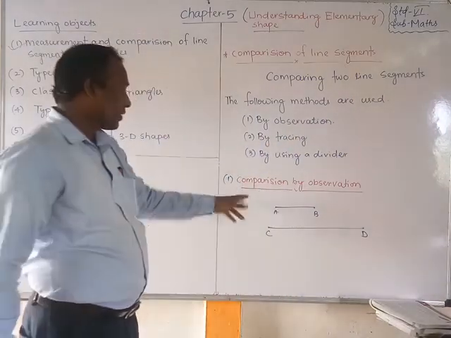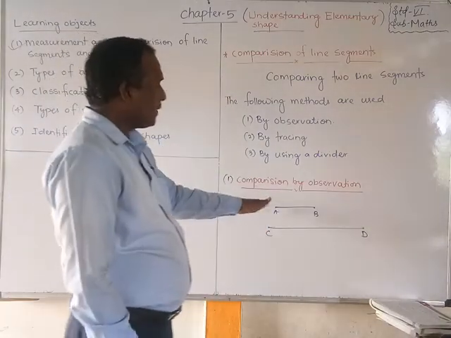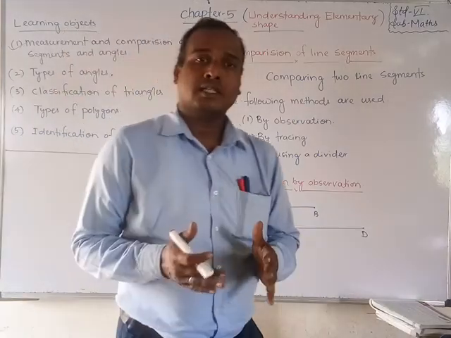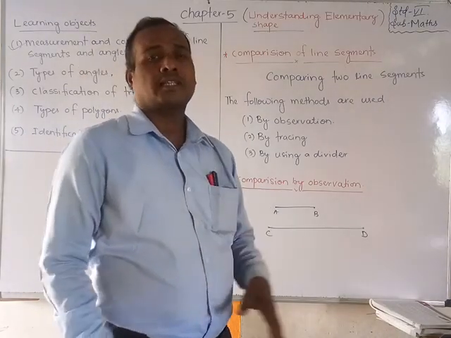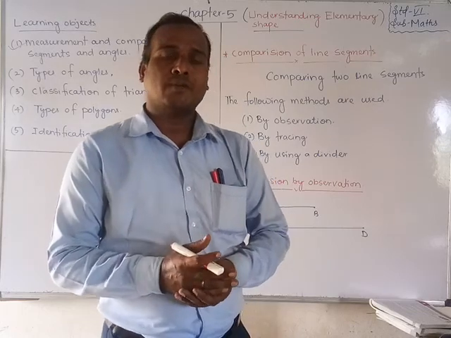Okay friends, first of all see comparison by observation. Now AB is one line segment and CD is another line segment. Can you detect which line segment is larger and which is smaller? Can you identify by seeing?